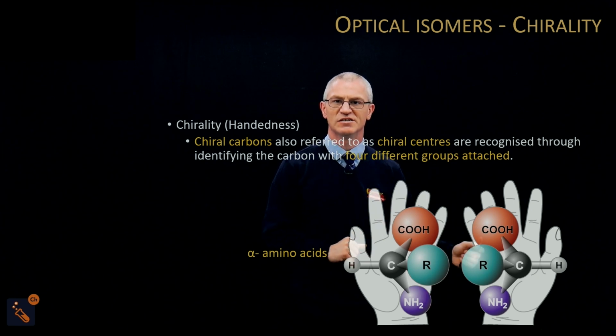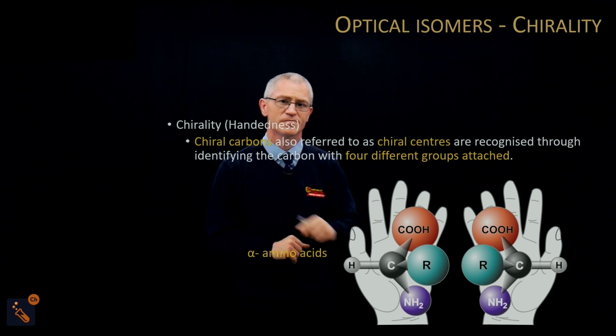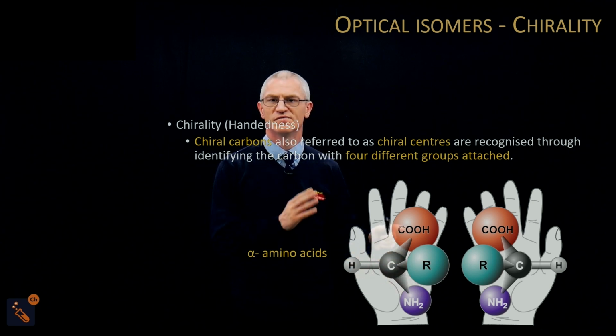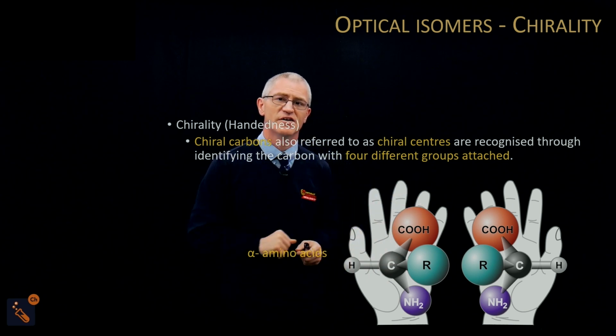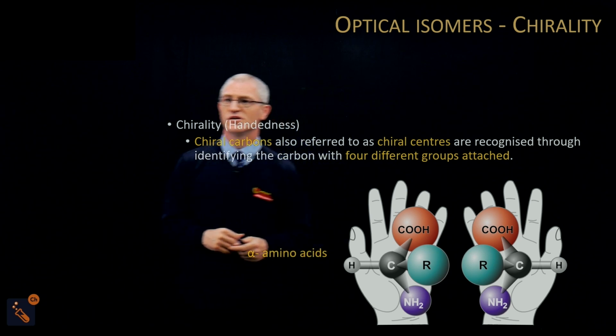If you put a mirror down there, you can see the R's line up, the COOH lines up, and the NH2s line up. Now, the chiral carbon is this carbon here. So you can see this carbon with 1, 2, 3, and 4 different groups attached to it. Unless you have those 4 different groups attached, you don't have a chiral center, a chiral carbon.